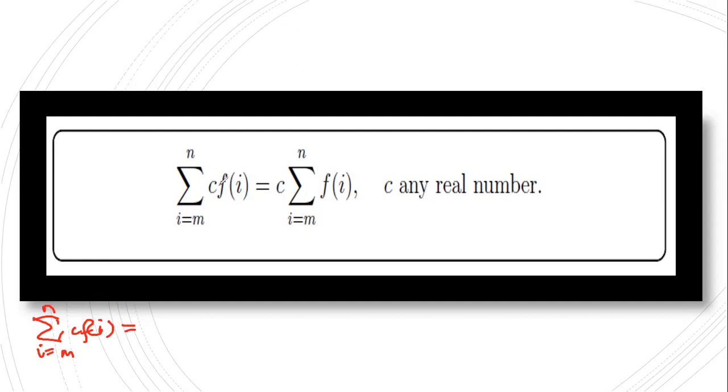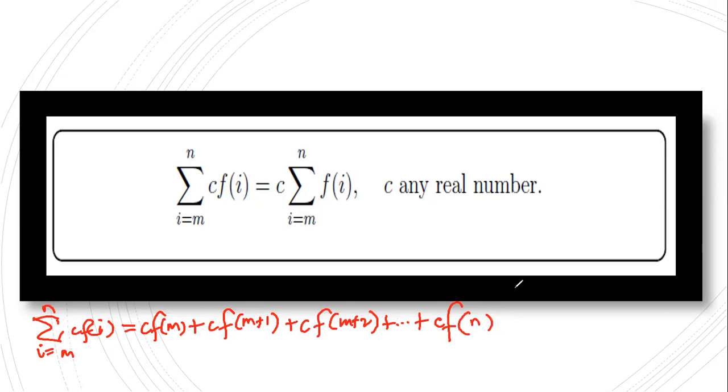If we expand the left side, it can be written as, first, when i is equal to m, the very first term, c times f of m, plus next, when i is equal to m plus 1, c times f of m plus 1. Next is when i is equal to m plus 2, so it will be c times f of m plus 2. And so on until the last term, when i is equal to n, so c times f of n.